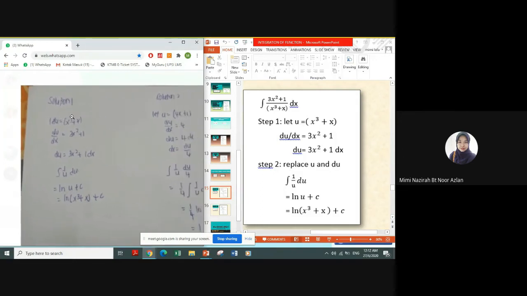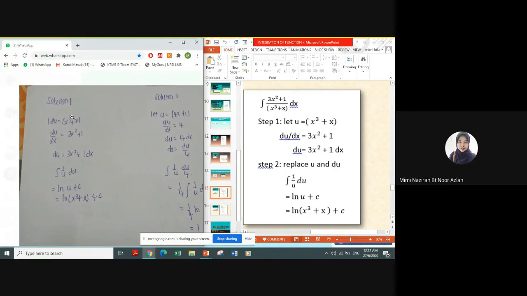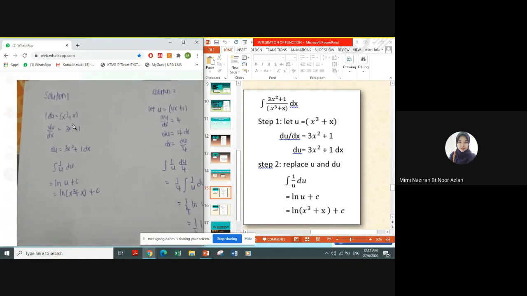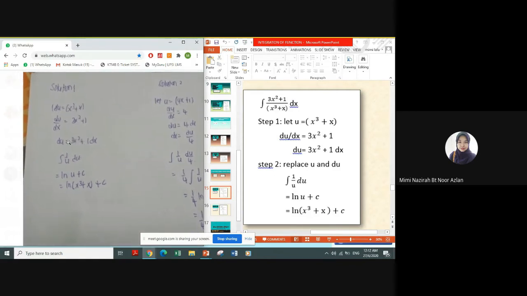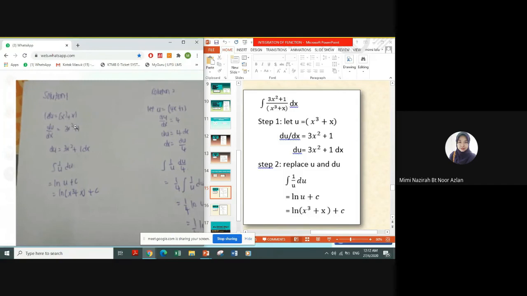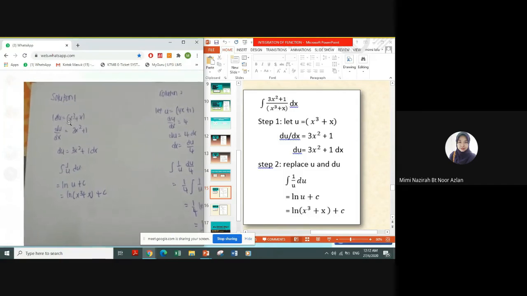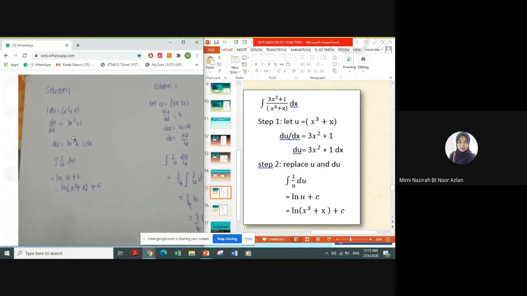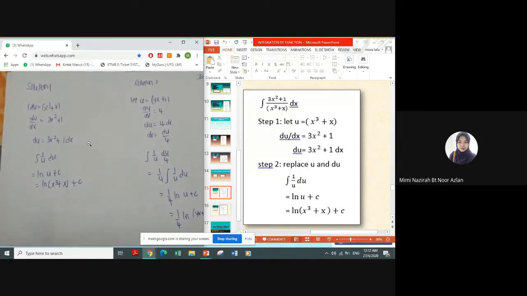Okay, the answer is correct: Ln x cubed plus x plus c. Let's check the step. Is it correct or not? Yeah, you need to replace with u. Correct, number 1 is also correct.